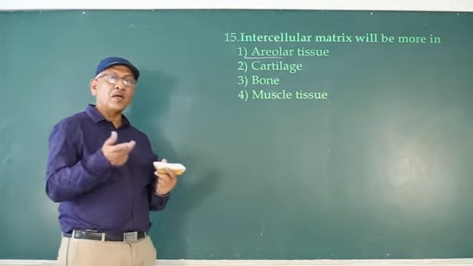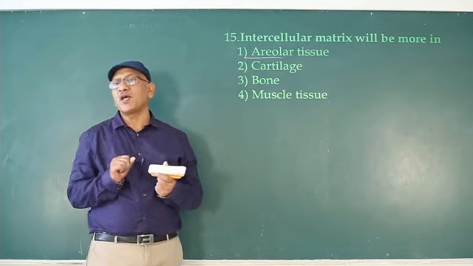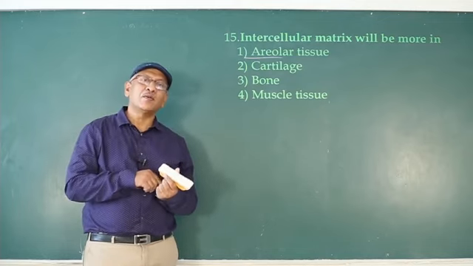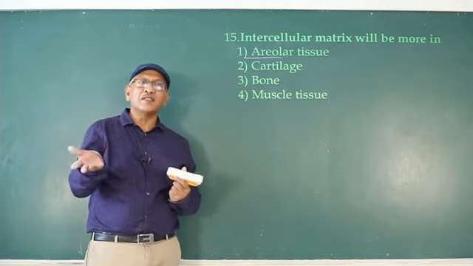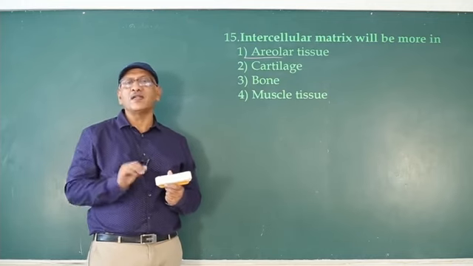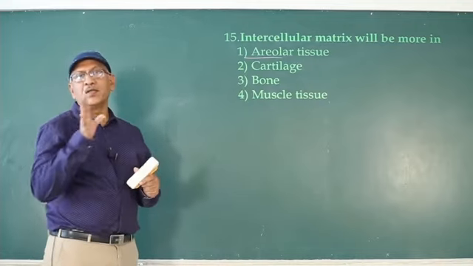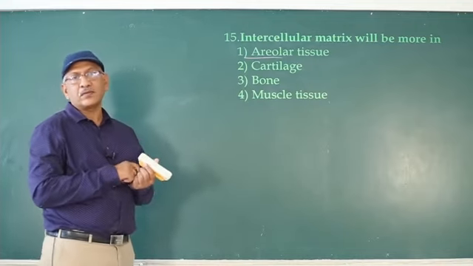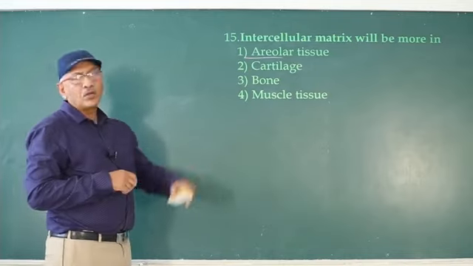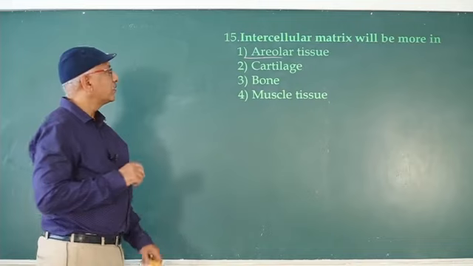How can you remember? For example, blood. Blood contains 55% plasma, 45% blood cells. Plasma is the matrix: 55% matrix, 45% cells. In this manner, connective tissue has an abundant amount of matrix, and areolar tissue contains more matrix.